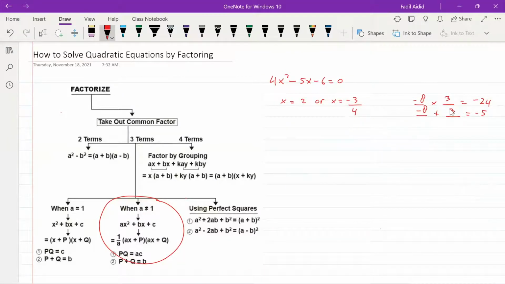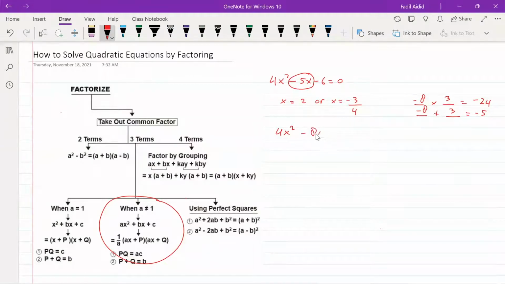So once you have the numbers, what you need to do is split the middle term into two terms that contain these two numbers with the x. So like this, 4x squared minus 5x is split into -8x and 3x.